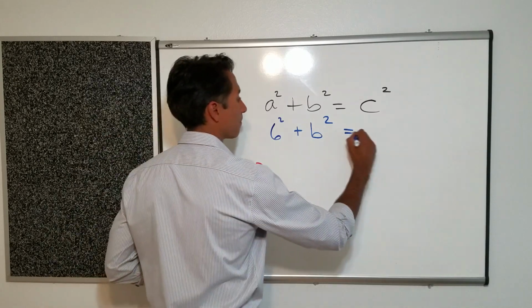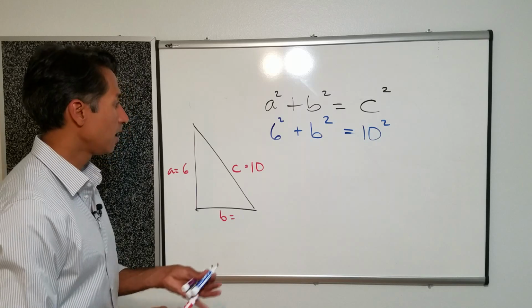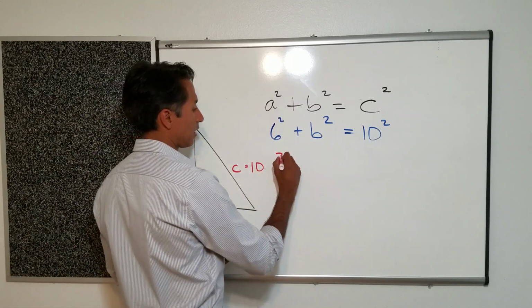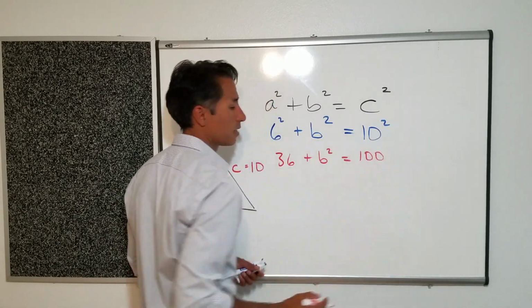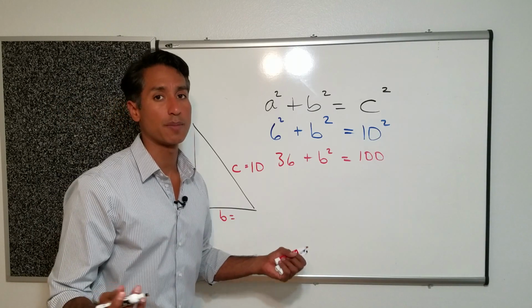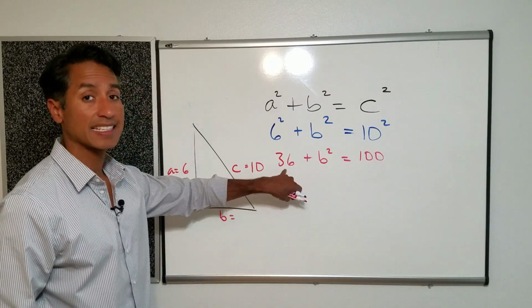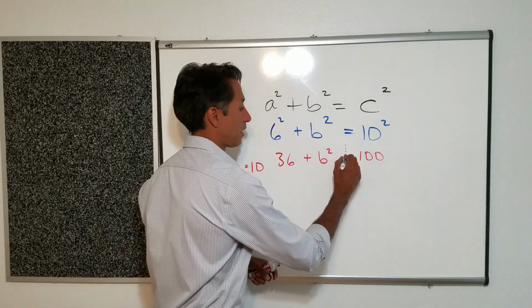And then we have this guy, which is 10 squared. We calculate this and we get 36 plus b squared equals 100. And then from there, we need to isolate the variable. And so this guy has got to go. Now, if you've watched my other videos, you know that this is the barrier, right?